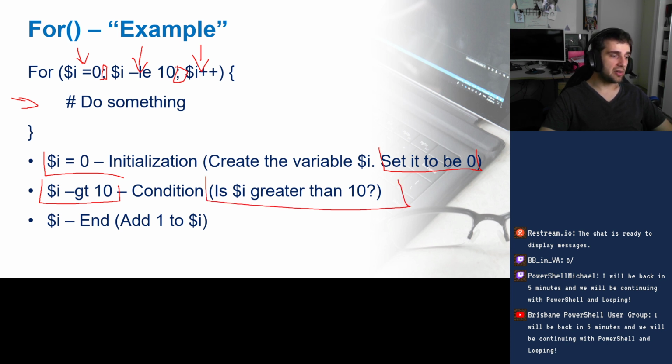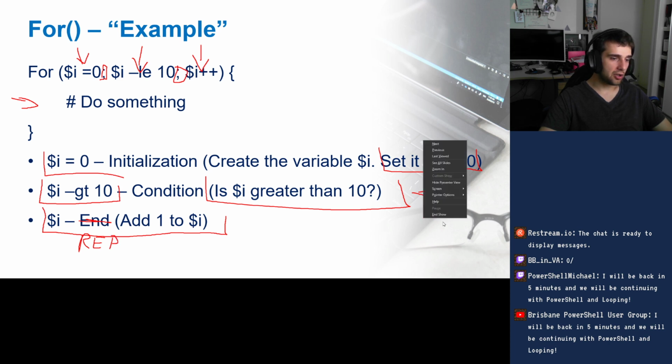What we remember is we're naturally evaluating to be true. Once the condition is met, the for statement will exit. And then at the very end here we have the end, which is actually not the end, it's called the repeat. I'm actually going to quickly change that now.